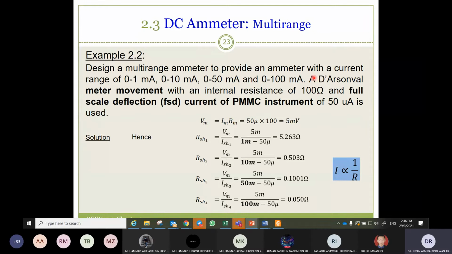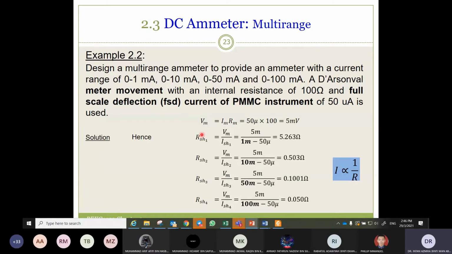The second sentence is talking about the PMMC construction: it has internal resistance Rm of 100 ohm and Im of 50 microamp. This value is very small, so this is Im, and these are the ranges of the ammeter. So for the design, we have to find the value of R shunt for each range.